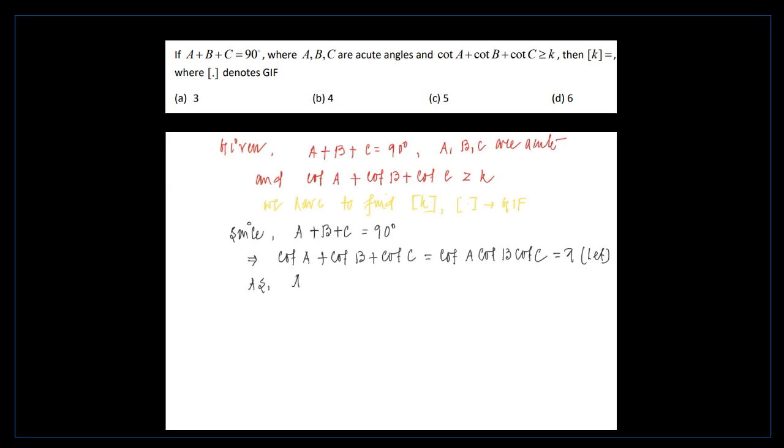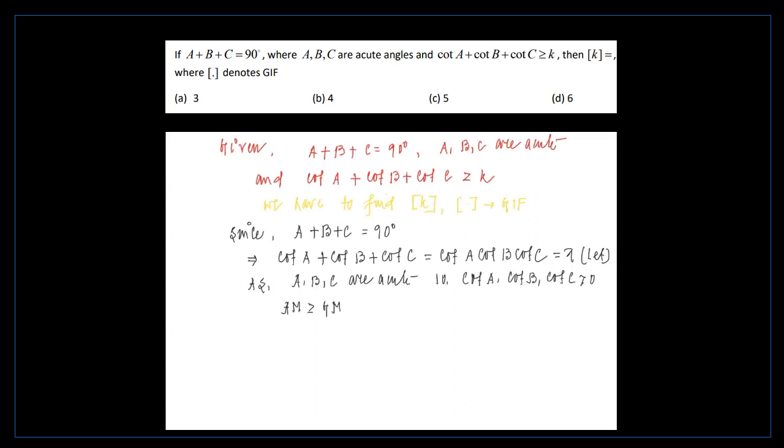So we can say that as A, B, C are acute, cot A, cot B, cot C greater than 0. Now we apply AM greater than or equal to GM.